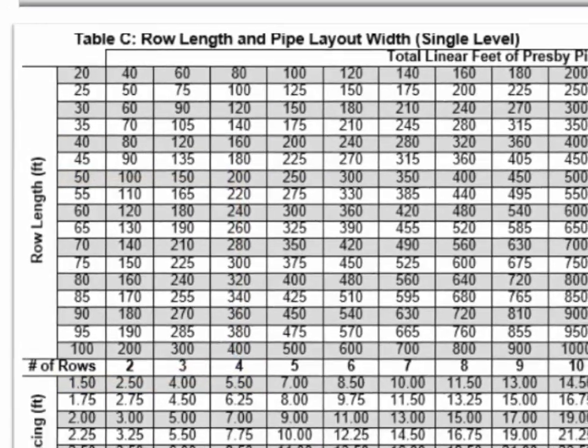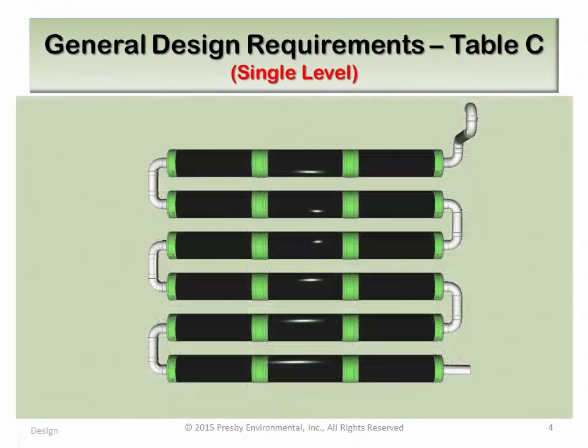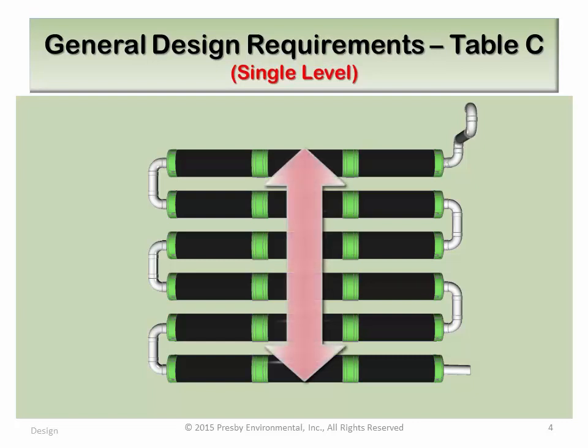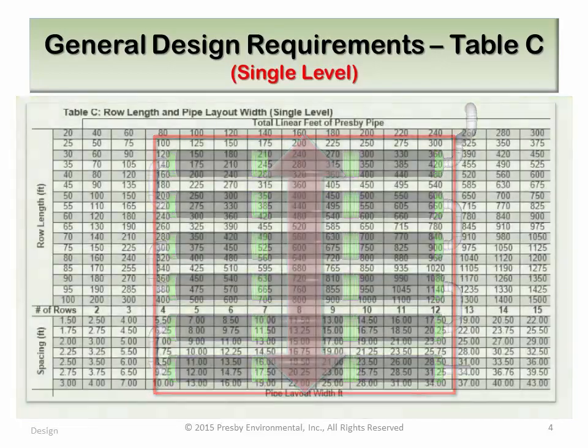The pipe layout width is helpful in determining the amount of system sand needed to cover all the Presby rows. Once you have determined the pipe layout width for your spacing, you just add 1 additional foot. This will provide 6 inches of system sand beyond the outer edges of the rows.